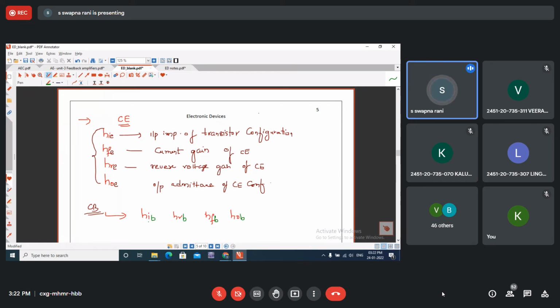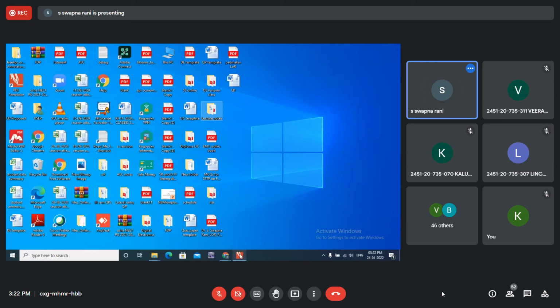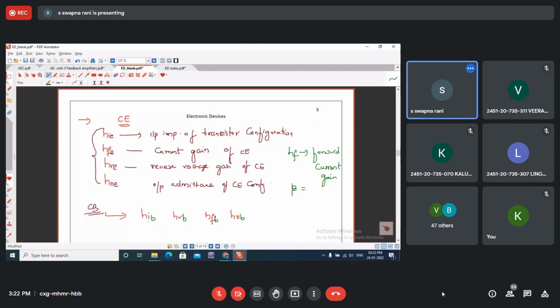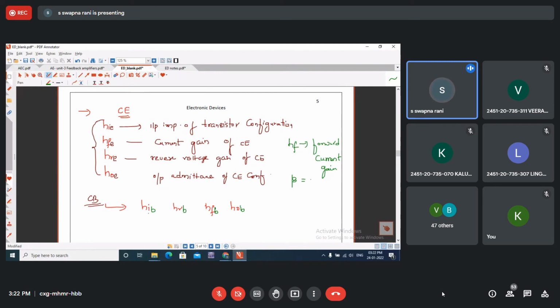And here I would tell you HF is the forward current gain, right? So whatever alpha, beta and gamma we are calling it as. Beta, generally in the exams, instead of beta 50, they will write HFE equal to 50.